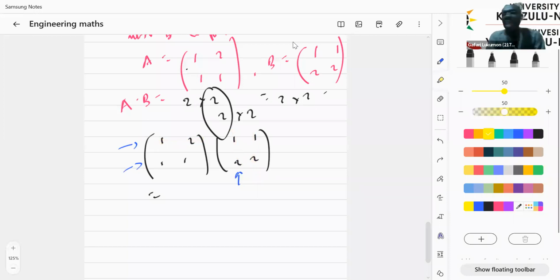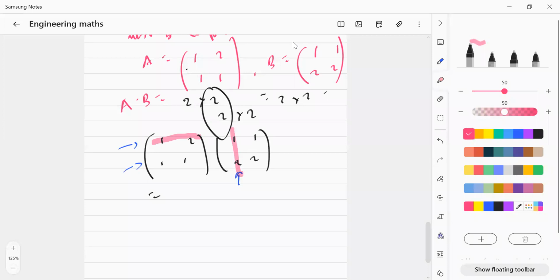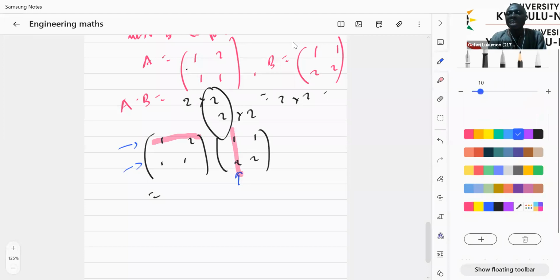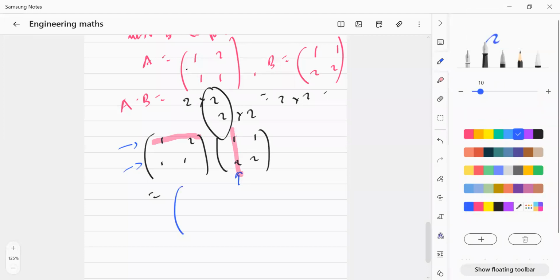And how do you multiply? If I'm multiplying this row by these columns, it means you say the first element multiplied by the first element, plus the second element multiplied by the second element. So this is going to give me 1 times 1, plus 2 times 2.